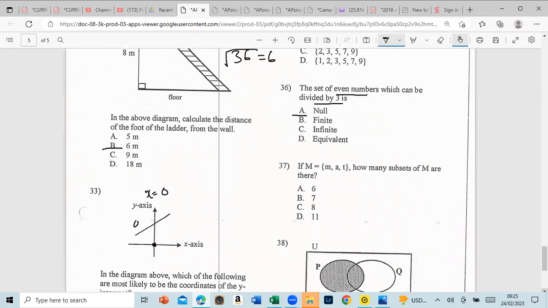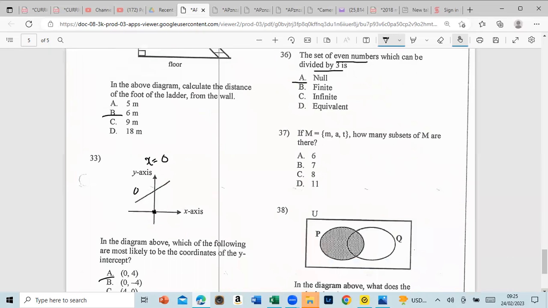If M is equal to MAT, how many subsets of M are there? We can literally list them out, or we can just say the formula is 2 raised to the number of elements, which is 1, 2, 3. It works out to 8. So in an exam, when you get such a little something, remember the formula. You could literally say M forms a set, A forms a set, T forms a set, AM forms a set, AT forms a set.